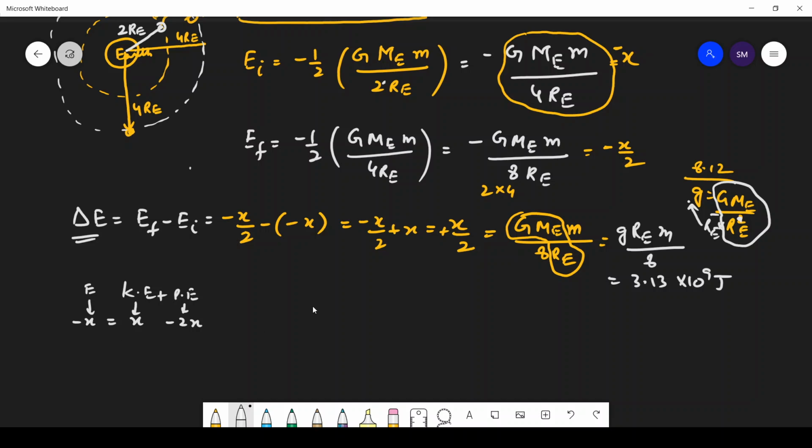Net energy. So students, here we have this change in energy: the kinetic energy is reduced here.